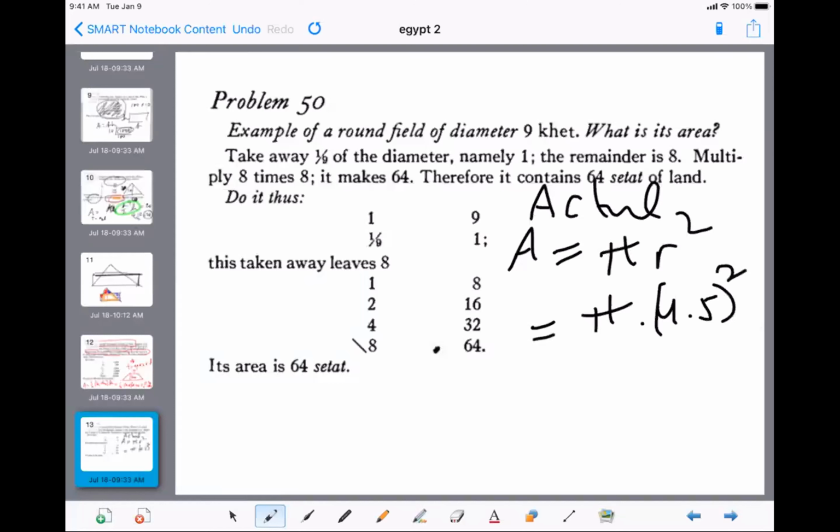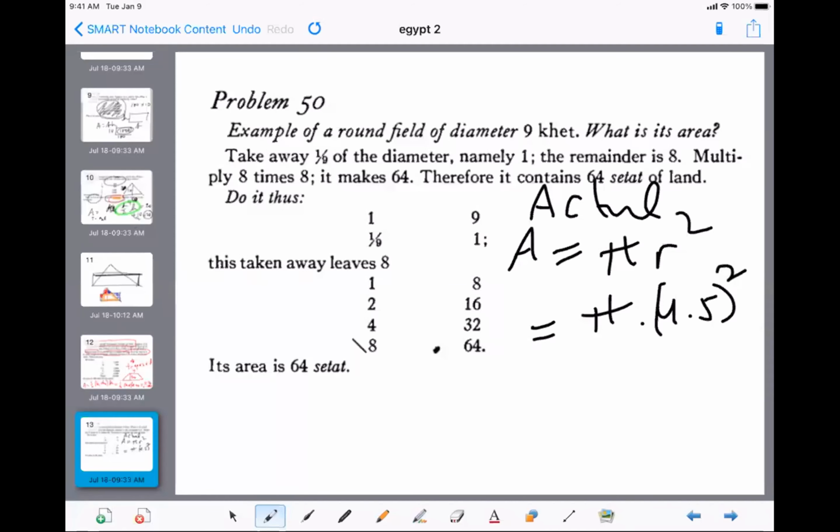So 3.14. So the actual area, by comparison, is about 63.62. That's the actual area by modern standards.